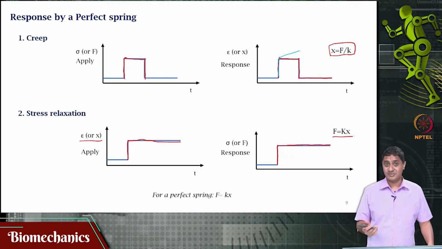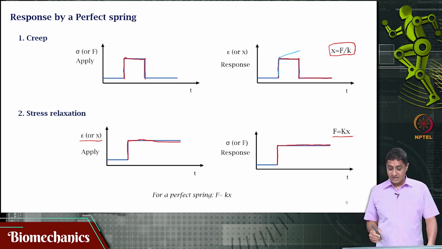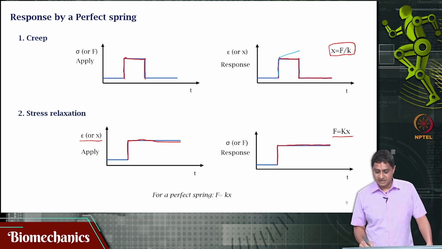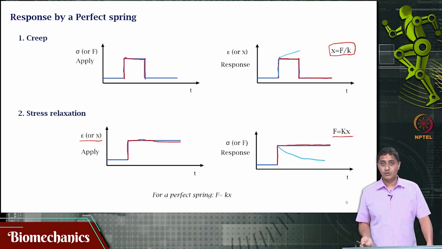This is called creep, right. This is creep in a viscoelastic material. And in a viscoelastic material, the stress relaxation would be like this. The stress increases and with passage of time it relaxes to a new constant low level.